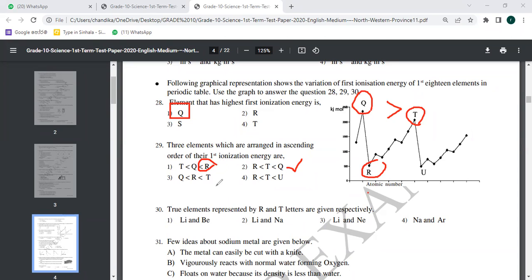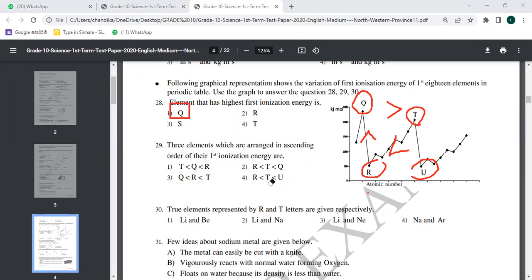T is greater than R, that is true. R is greater than Q, that is wrong. Fourth one, U is greater than T. This one is wrong. Therefore, the answer is the second one.